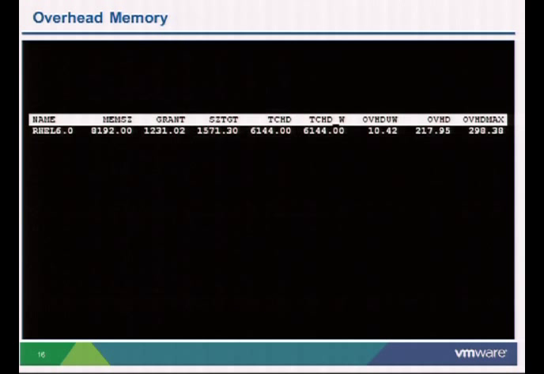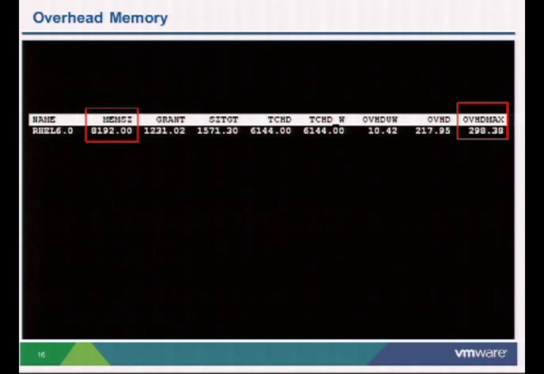Then there's another category of overhead memory, which is overhead memory for the guest memory itself. If you're allocating a VM whose size is 8 gigs, we need to keep bookkeeping information for that 8 gigs of memory. If you're allocating a VM of 64 gigs, we need a lot more bookkeeping information. So it's a function of the memory size, and that is counted in this counter called overhead max.